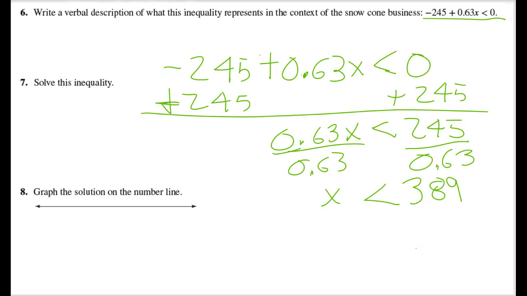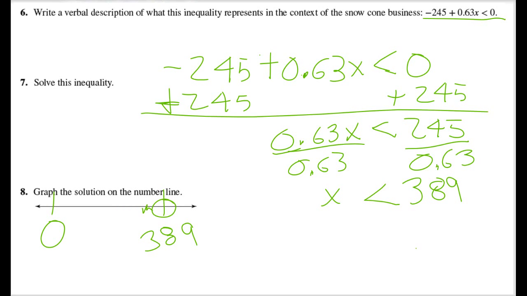So if I go to my number line, graph the solution on the number line, I have 0 here, 388 here. I'll put my circle around 388, I'm sorry, I'm still saying 388. It's 389.